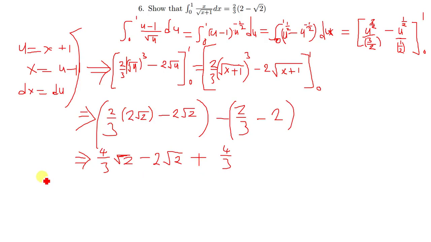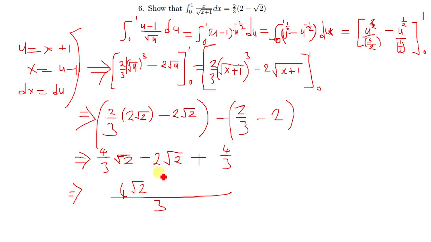And then here what we do now is just a matter of, let's see what we can do here. We can also find the common denominator there, which is just going to be 3. Then 3 into 3, so you get 4 root 2 there.